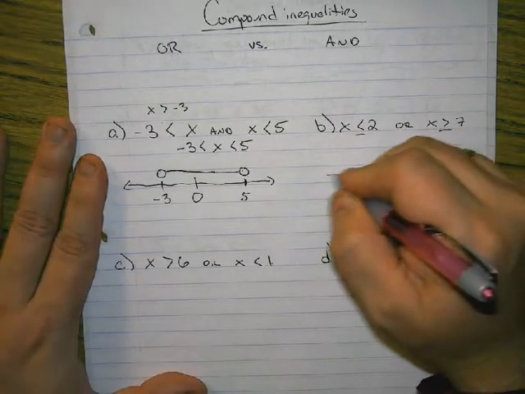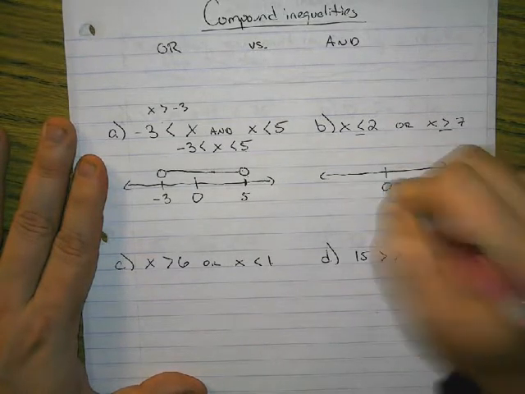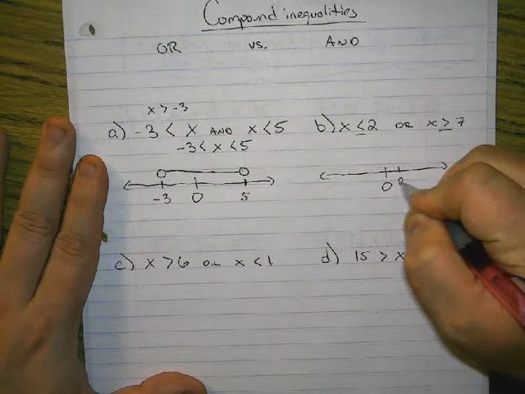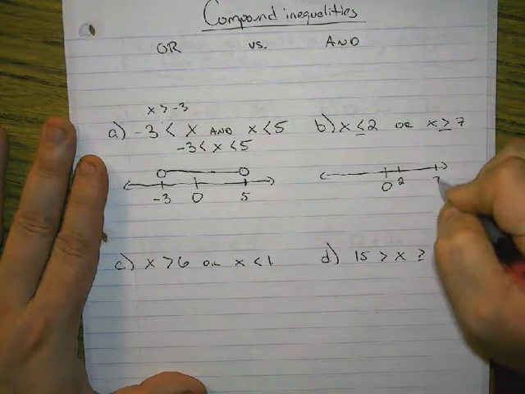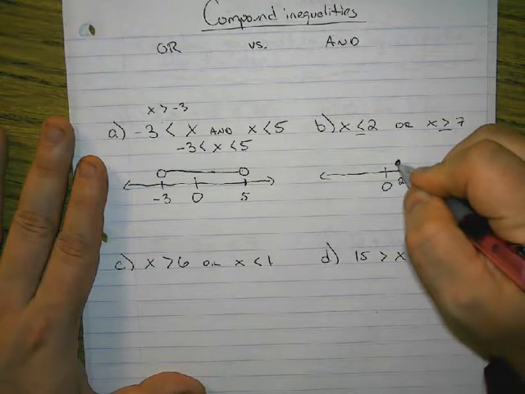All right, on B, we'll get our number line. Here's our 0. I'm going to say 2 is right here, and 7's even further right here. Both of these are closed circles.